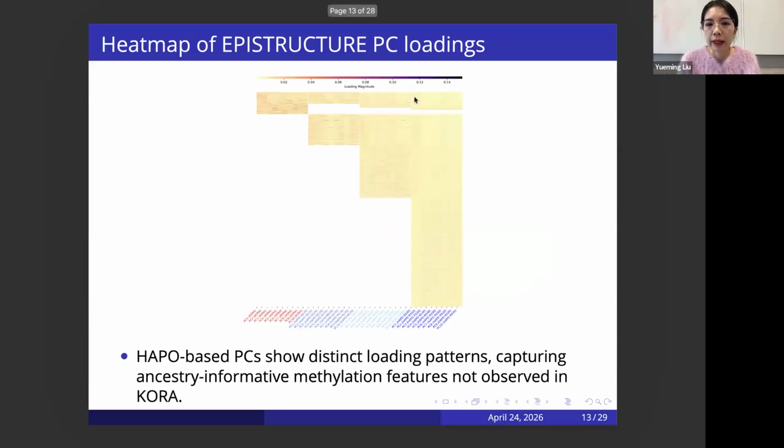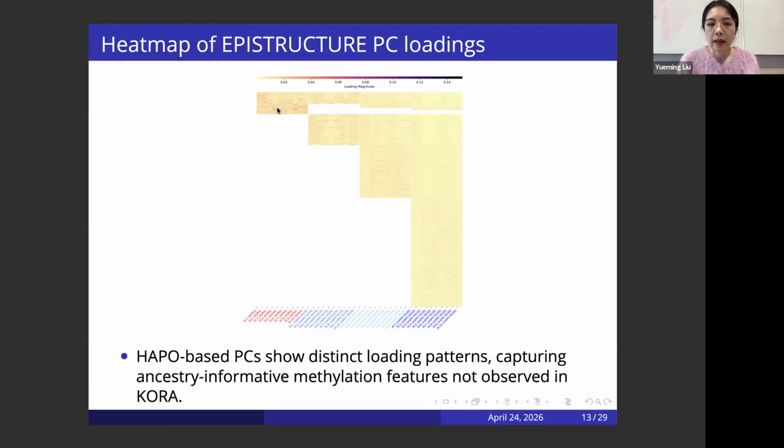And here is a heat map for the epi-structure PC loadings. On the rows, there are different CpGs, and on the columns, each column represents a PC. Different colors mean different reference sets. The right ones are PCs from the CORA reference set. Those blue ones are all for the HAPO ones. The white blank means that the CpG is not present in the corresponding reference set.